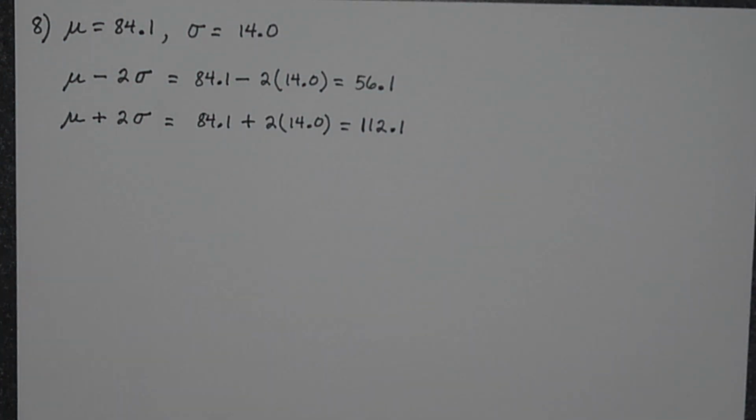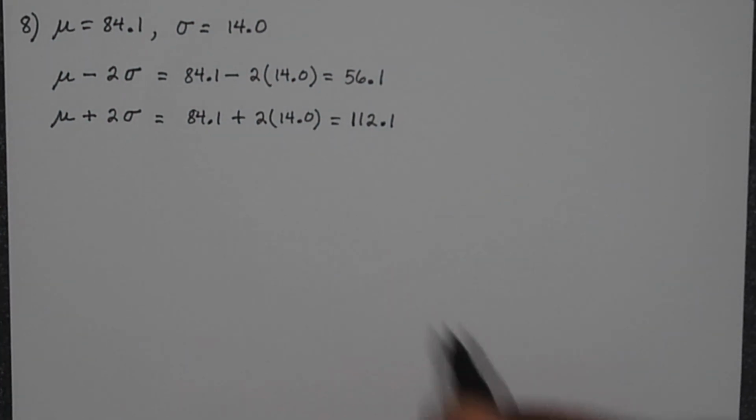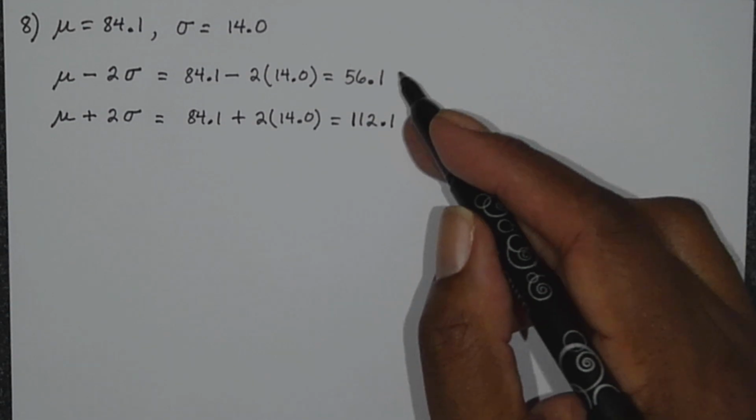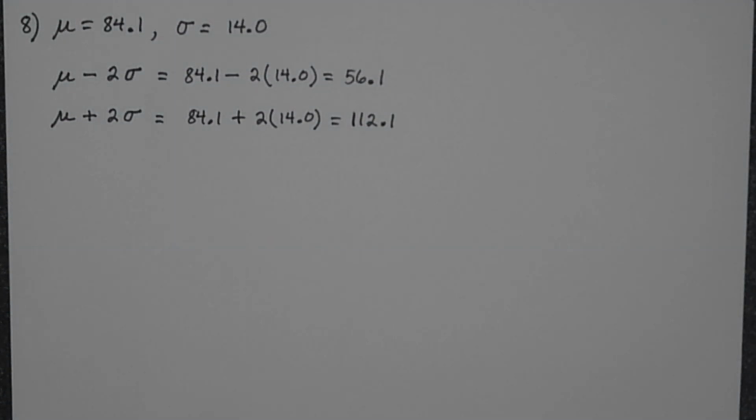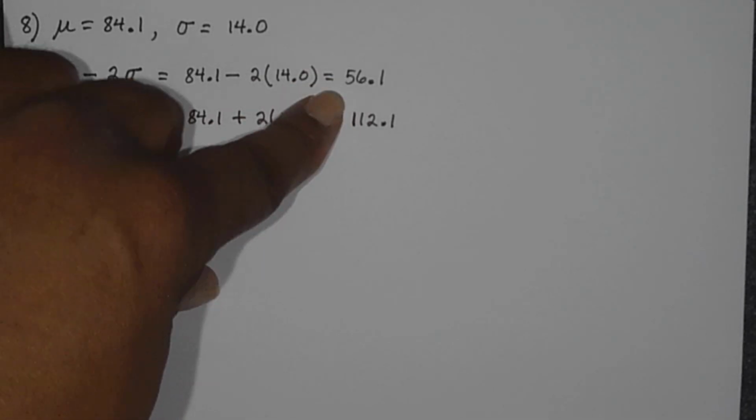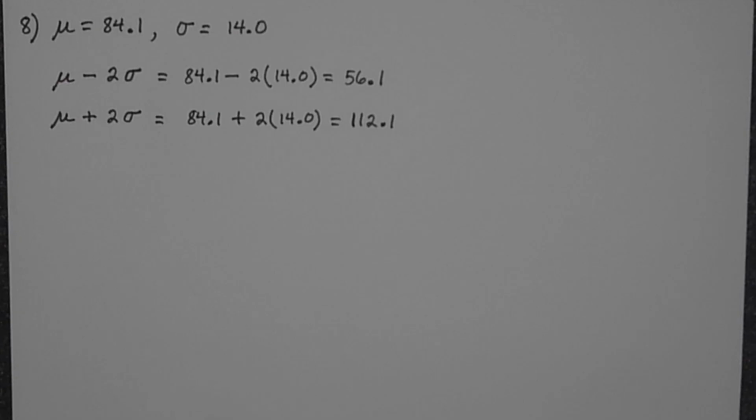So what that means here is this: any data value that's less than 56.1 would be significantly low. Any data value that's greater than 112.1 would be significantly high. Any data value in between those two would not be significant.